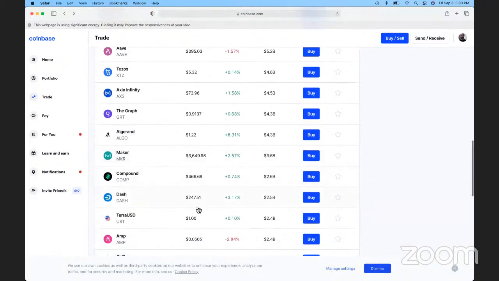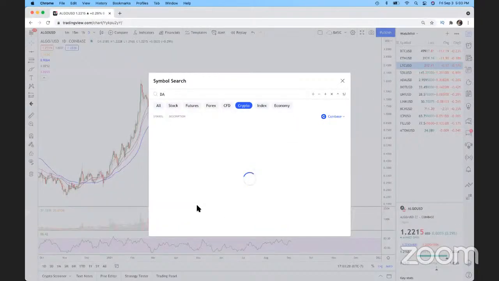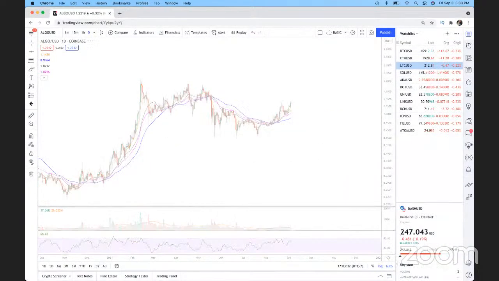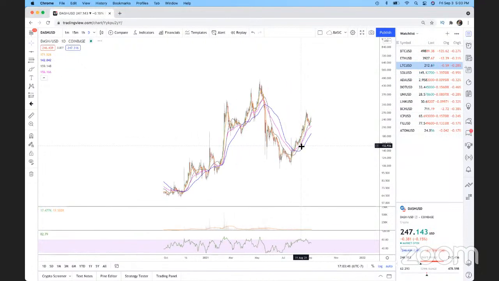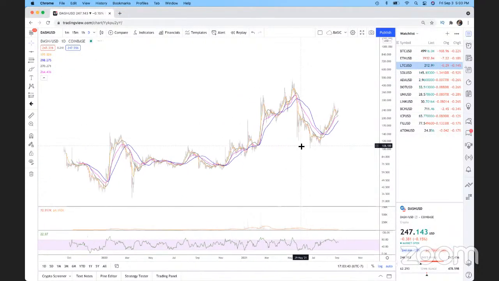Okay. Dash. This will be the last one. Dash USD. They're all very similar, as you can see. So you just pick the one that has a better price level.